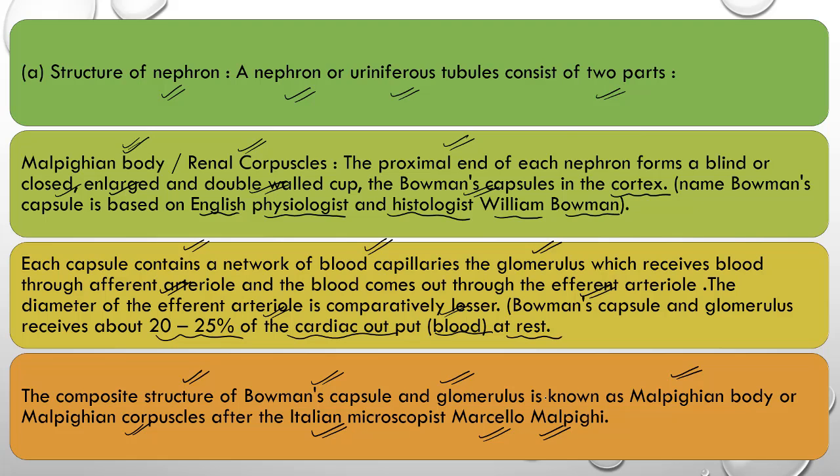Confusing terms, so what should we name it? Malpighian body or the Malpighian corpuscle or renal corpuscle. So Bowman's capsule and glomerulus, these two things when they merge, form Malpighian body or Malpighian corpuscle. So please remember, I'll write it here.